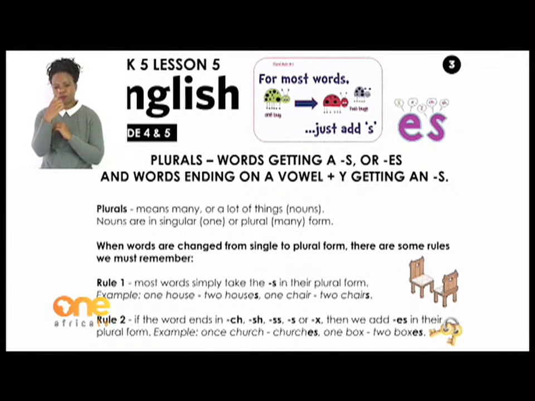Rule number 2, if the word ends in CH, SH, double S or SS, or S, or X, then we add ES. This is simple. Words ending with CH, SH, SS, S, or X, we just add ES in their plural form.